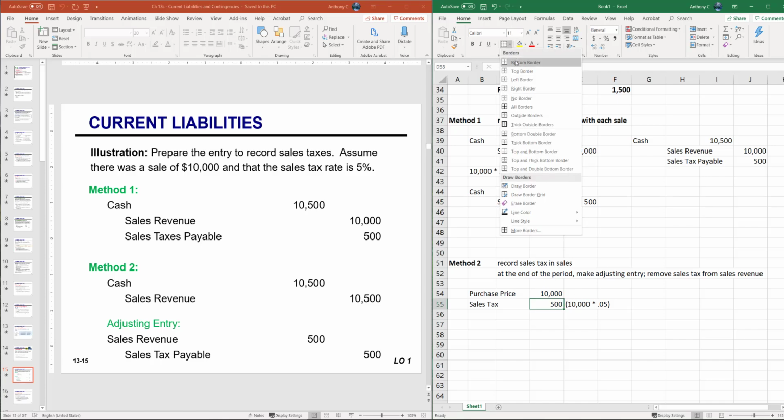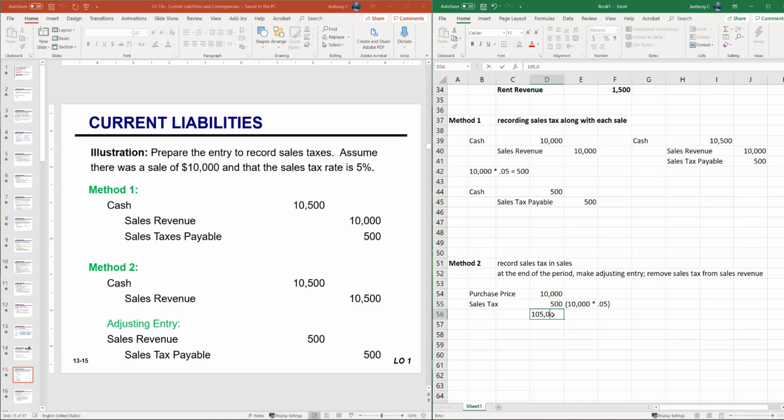So in total, we're getting 10,500. If we're using method two, we'll just recognize the full $10,500 as sales revenue. So we'll debit cash for 10,500, and we're recognizing the sales revenue.